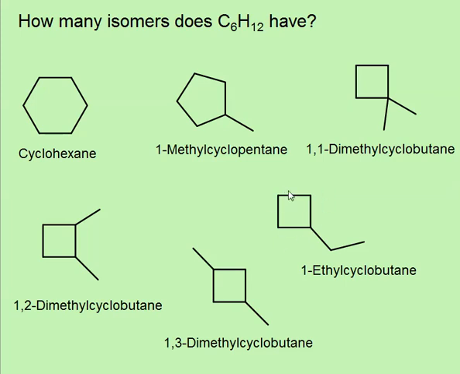If we reduce the ring size down to just 3 carbons and use 3 carbons as a branch, first off, we could put 1 branch on 1 carbon and 2 on the other. That would make this carbon number 1 because we get a lower numbering to the branches, and we'd call it 1,1,2-trimethylcyclopropane.